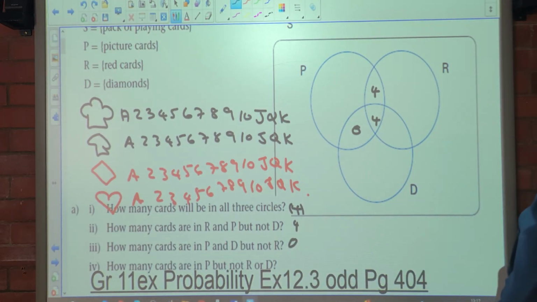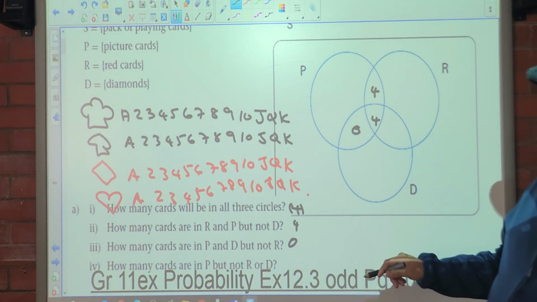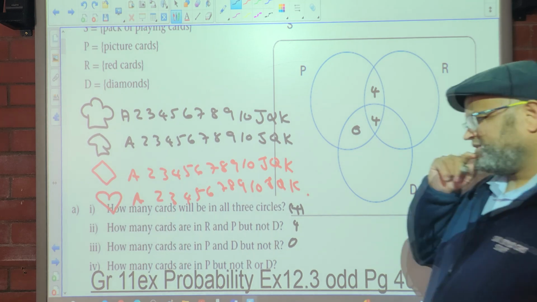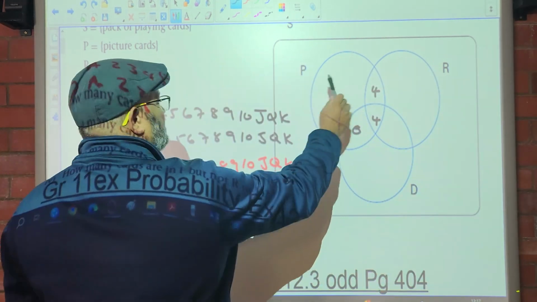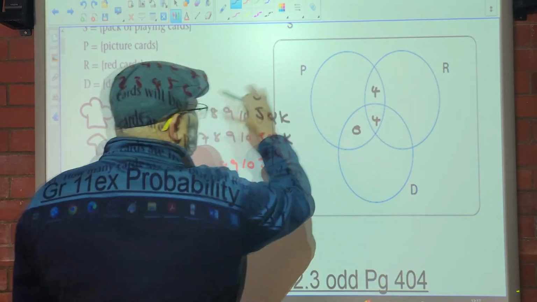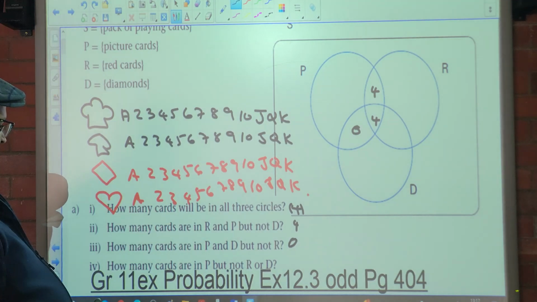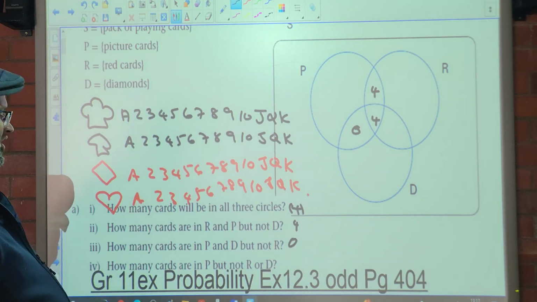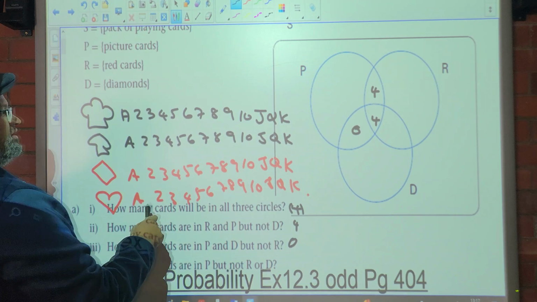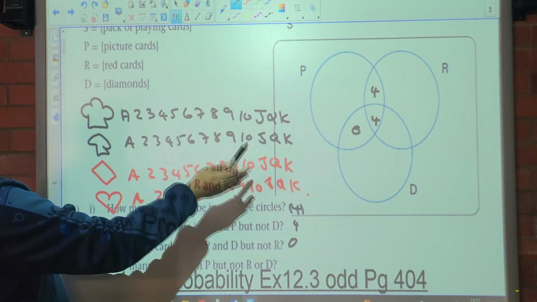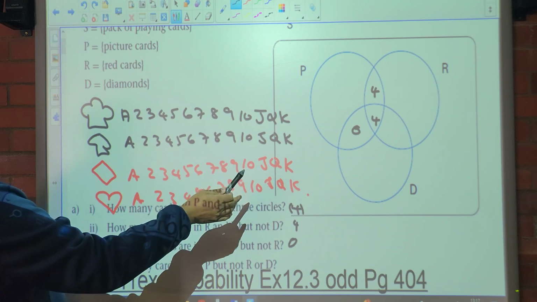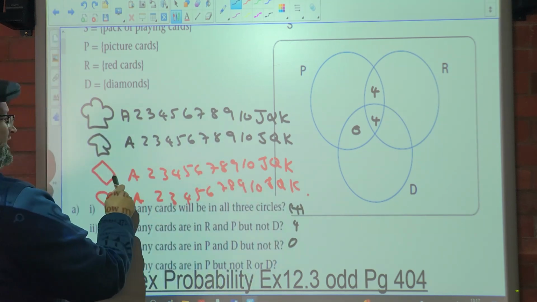Right. Last question. How many cards are in P but not R or D? So it's only a picture card. So red is R, and D is diamonds. You're cutting out diamonds.